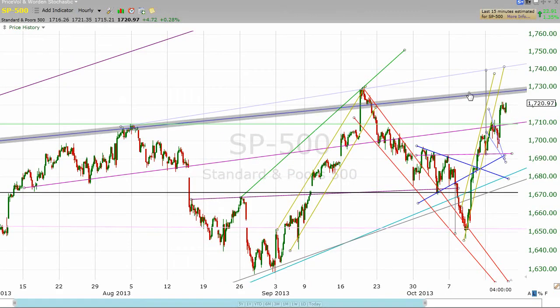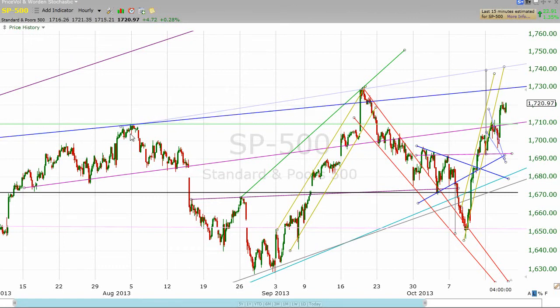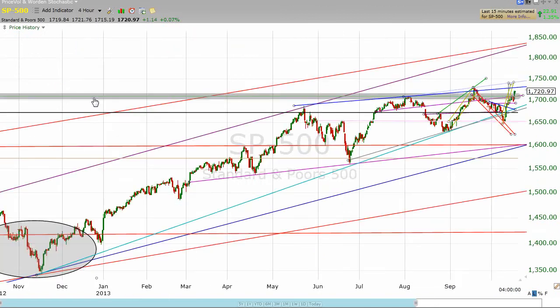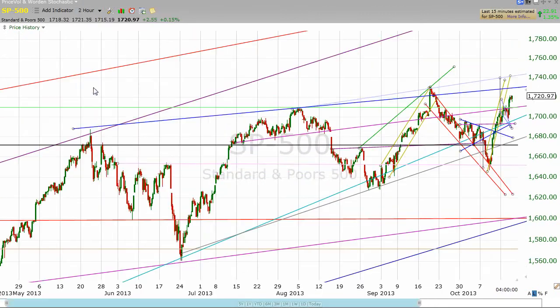That is a rising line that comes off the first two touches. I forget whether I need to go, I think a 2-hour chart will show it. It's this line right here that is our May high and our August high extended out. Now we've got a second line that is our August high and our September high that is this light blue line.